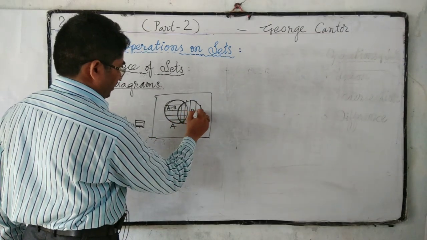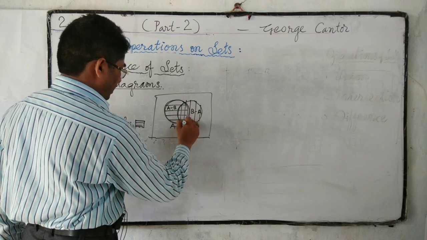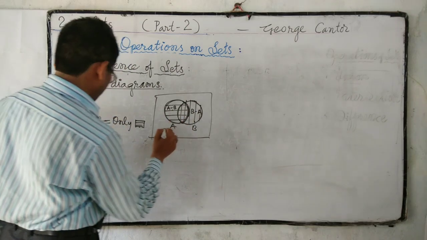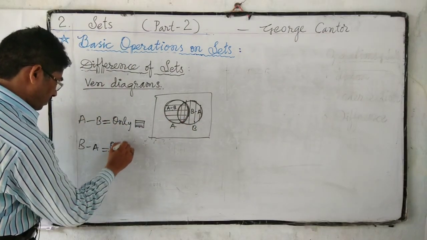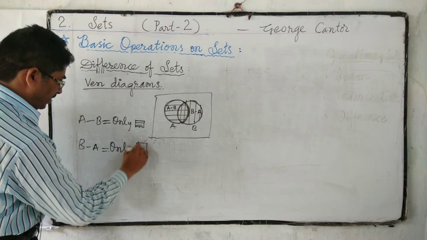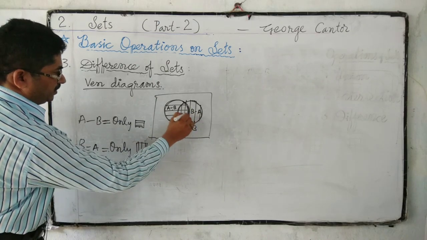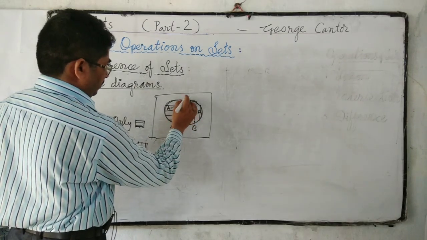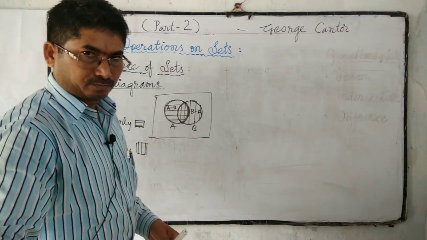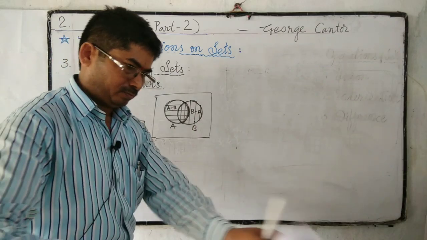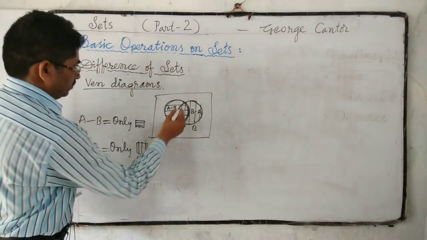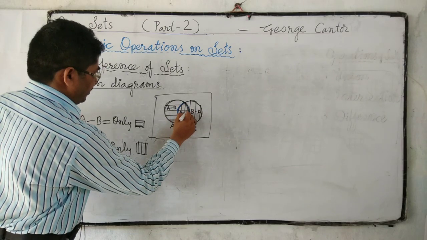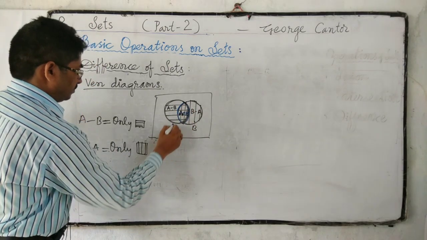Next B minus A. This is B minus A. Only the vertically shaded portion is B minus A. This is A intersection B, we know.